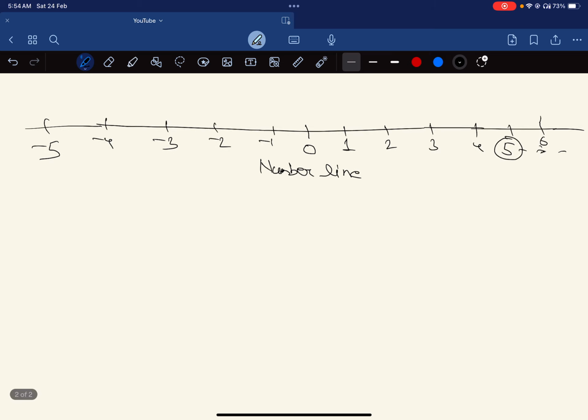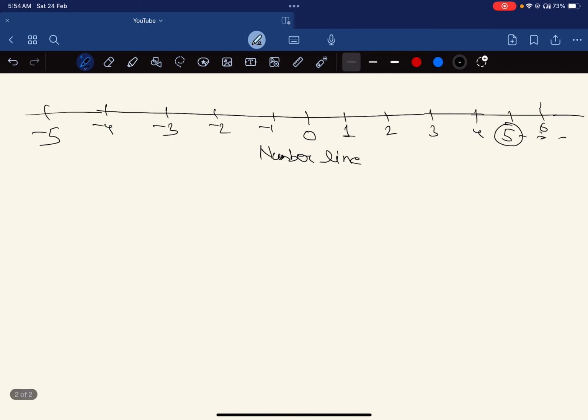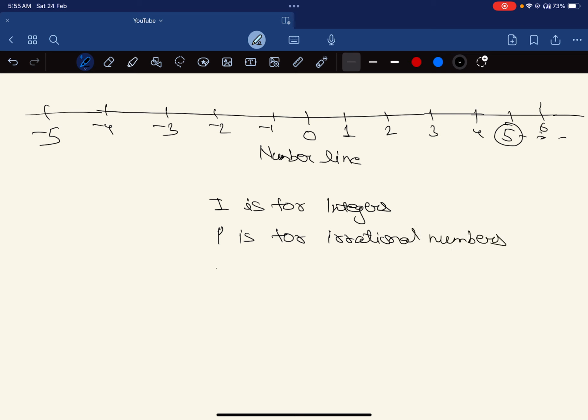Now we have to study what this symbol means. I is for integers. P is for irrational numbers. Q is for rational numbers.